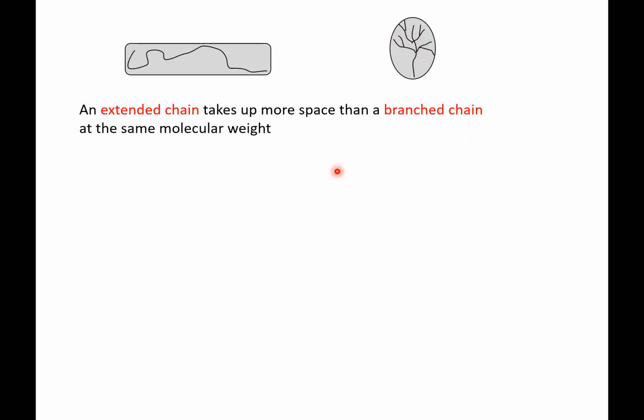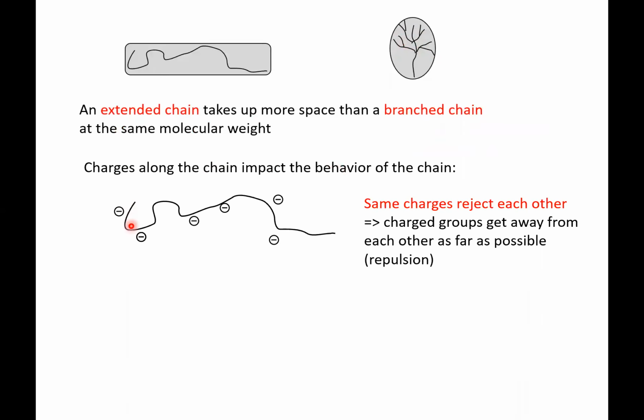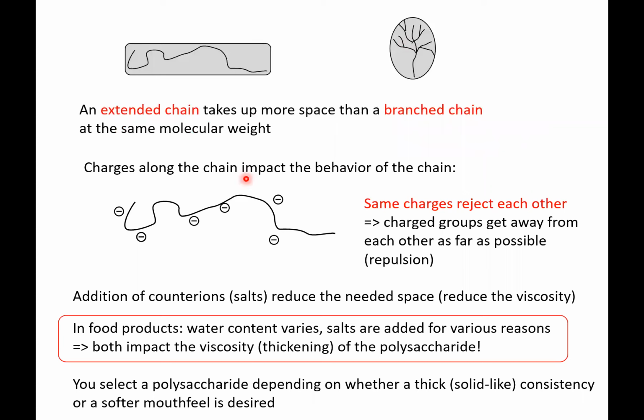Now, if you have a charged chain, it gets even bigger because these charges try to be away from each other as much as they can. So the viscosity goes up, but the viscosity then depends on the pH and the salt content, because counter ions will neutralize the charge, and salt is almost always in food.